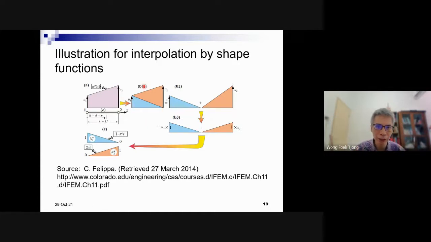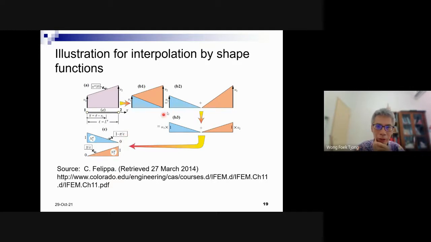This is the illustration of why the shape functions are also called interpolation functions. Because if we have two displacement values here, we can construct a linear distribution like this. We can regard this as consisting of the summation of this one, the blue one, and the orange one. We divide it: u1 becomes this one, and u2 becomes this one, right?